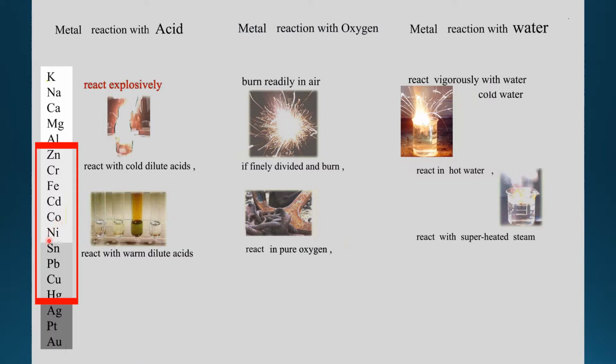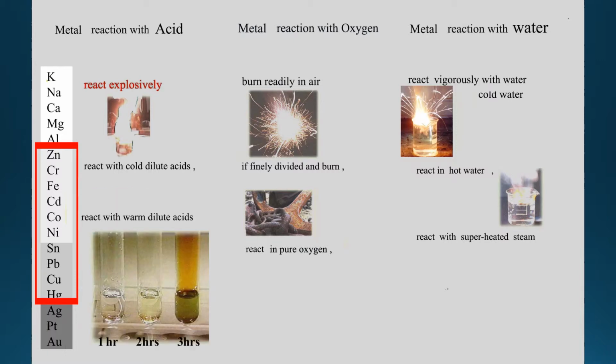But if you go a bit lower, to the less reactive group, they will react, but you need to warm up the acid a bit more. So now let's see. This is an example. The acid has waited for 1 hour, 2 hours, 3 hours with a piece of metal strip inside.